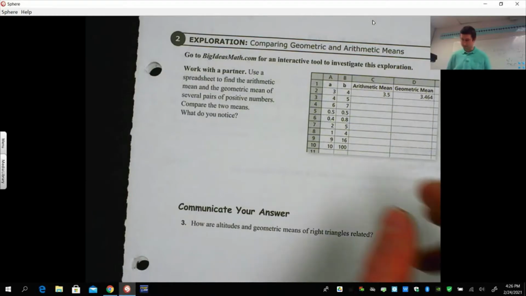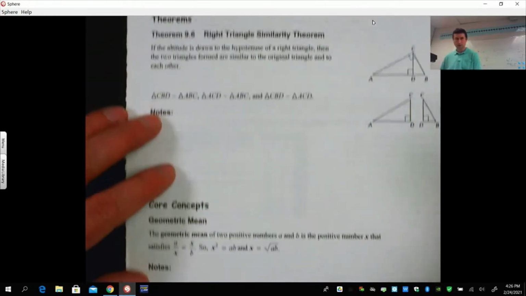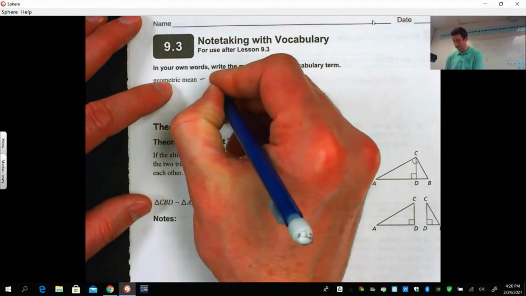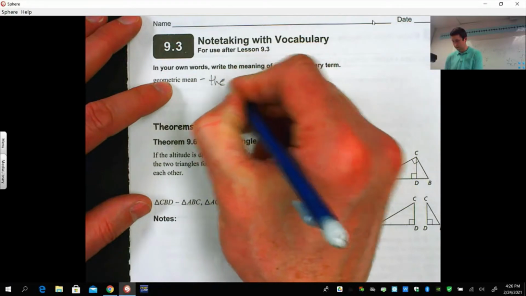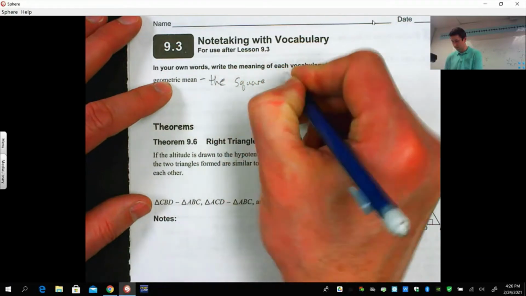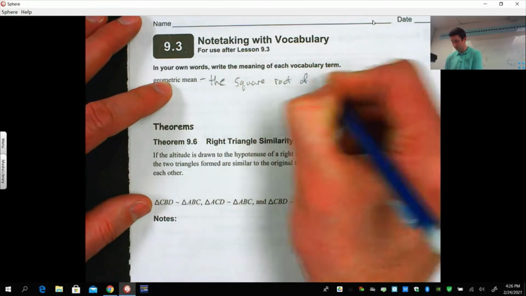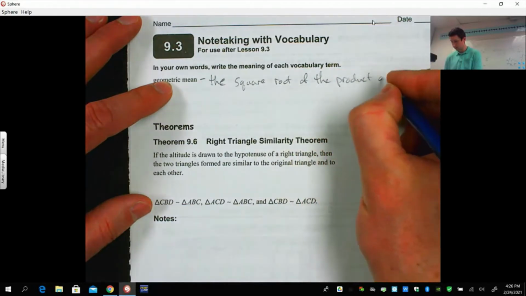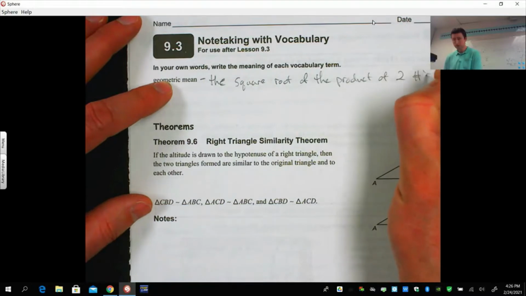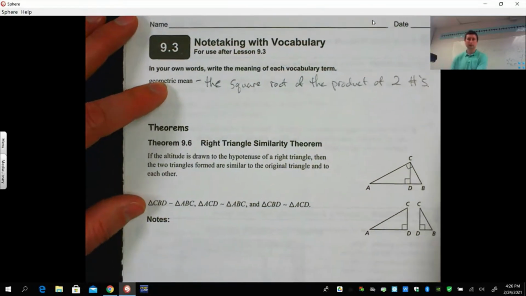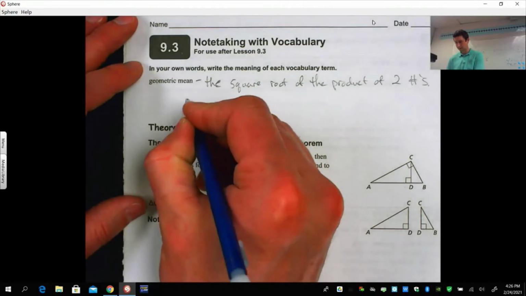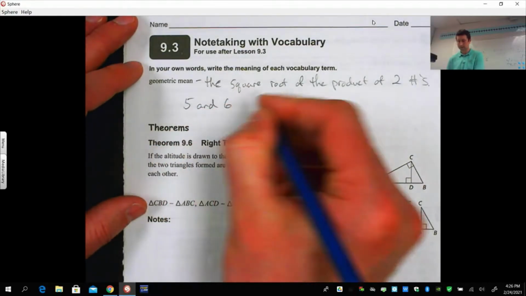Okay, that's the last lesson. So the geometric mean, we've talked about that already. That is the square root of the product of 2 numbers. For our geometric mean, we had 5 and 6.